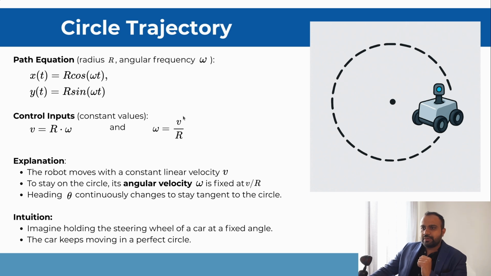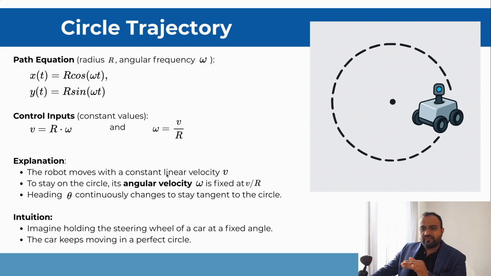So by assuming these two parameters, we will calculate the angular speed. And when you put this linear speed and the angular speed onto the robot, it will start making a circle. It's simple.